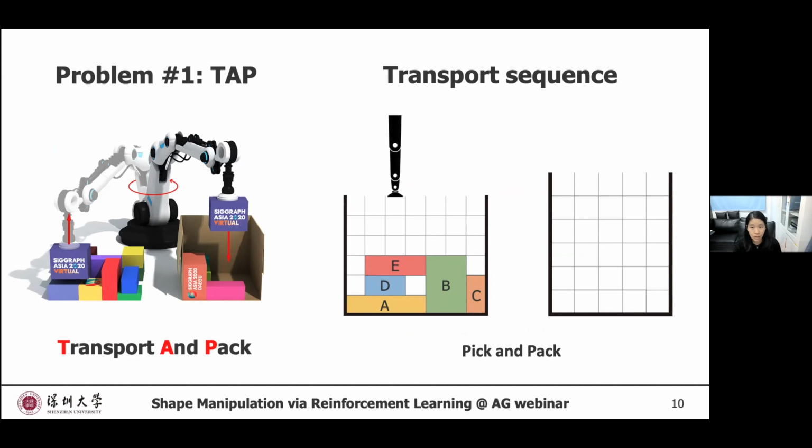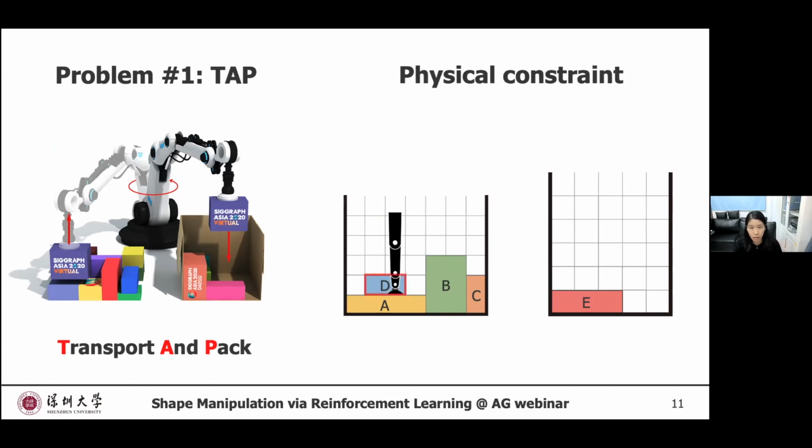Here we use a robotic gripper to help illustrate the access constraints. In each step, we need to pick one object from the input set and then pack it into the target container. As shown in this example, object E can be successfully transported, while object A cannot, since object D blocks its way and needs to be moved first.